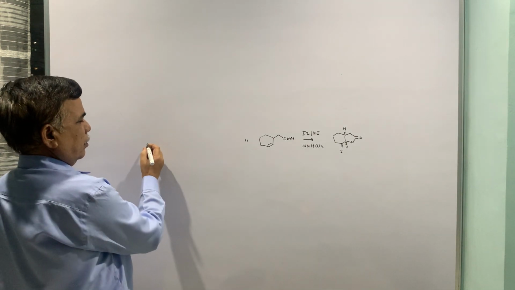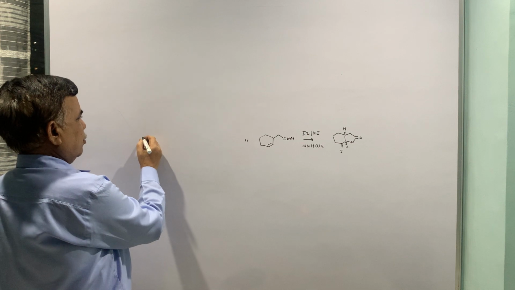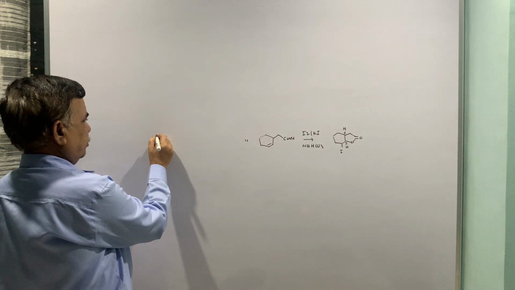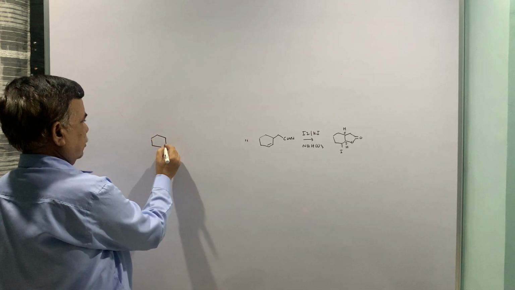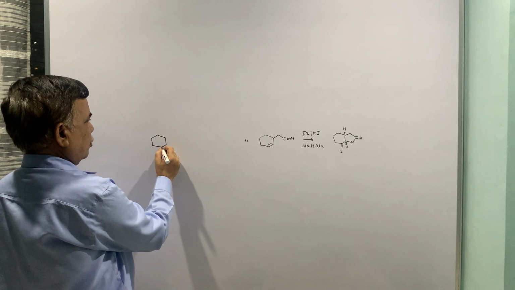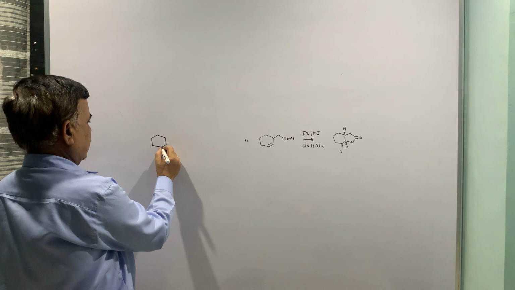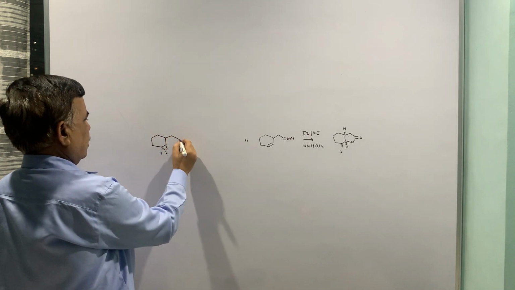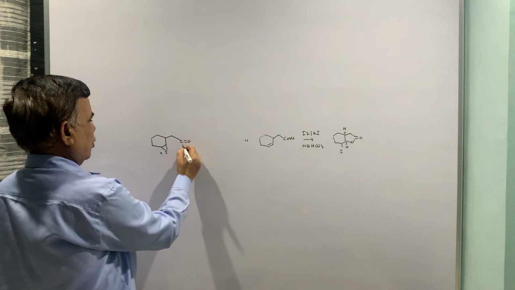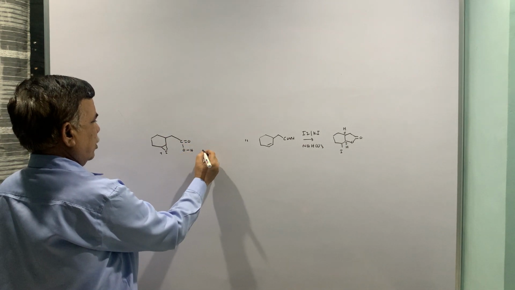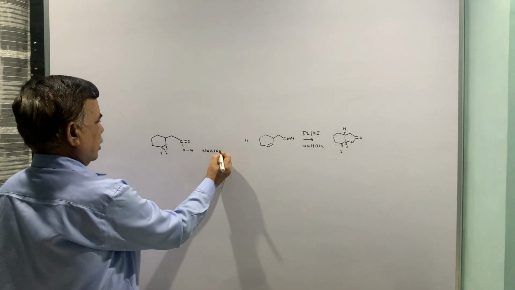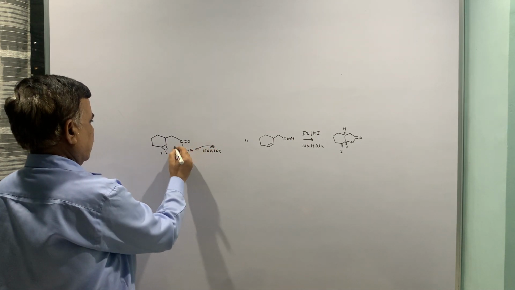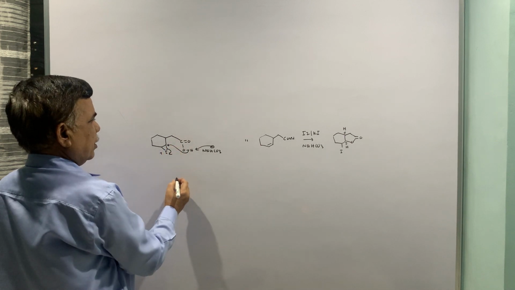One more. In this case also we can show the double bond is there. So, I2 means it will be iodinium ion formation, and then CH2COOH, this NaHCO3 will abstract a proton and this will directly attack here, this will come here.